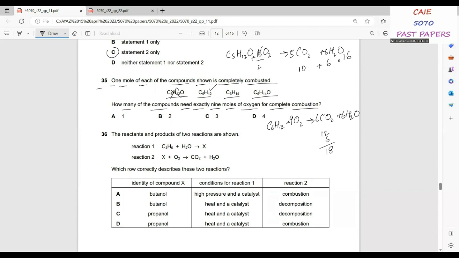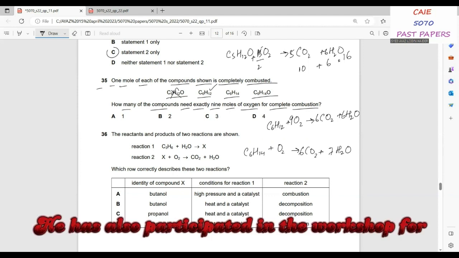What about C6H14? C6H14 plus O2 gives CO2 plus H2O. The number of moles of carbon dioxide will be 6. What about water? We have 7 moles of water. Now add up the number of atoms of oxygen on the product side. 6 times 2 is 12, and 12 plus 7, 19.